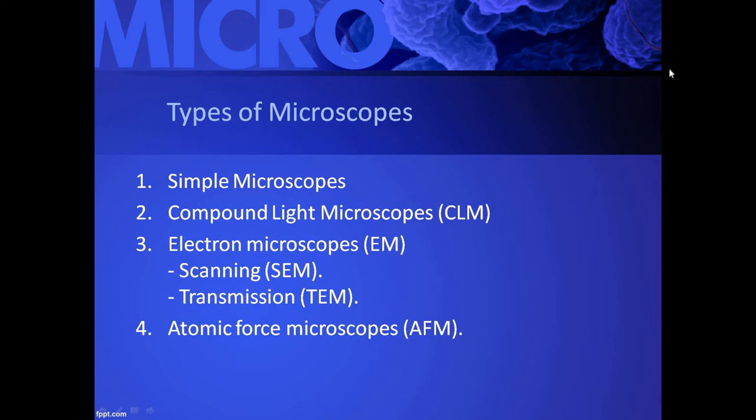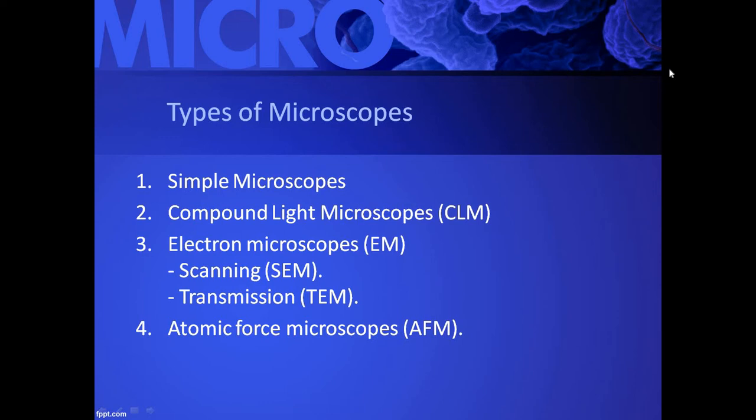We have 4 types of microscopes: the simple microscopes, the compound light microscopes, the electron microscopes, the scanning and the transmission electron microscopes, and lastly the atomic force microscopes. As general information, simple microscopes are called simple because they have one magnifying lens.